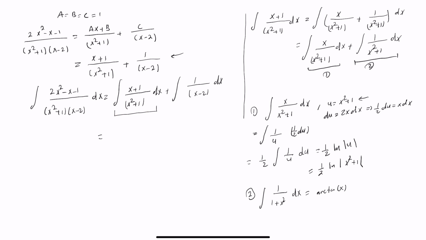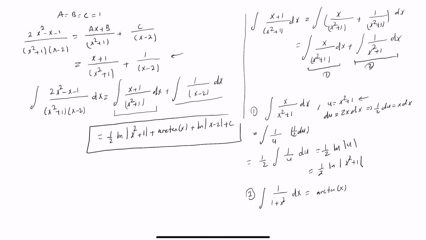So that's going to be equal to 1 over 2 natural log of x squared plus 1, then plus arctan of x, and then the antiderivative of this integral is going to be plus natural log of the absolute value of the denominator, which is x minus 2, and then plus the constant c. And that should be the antiderivative of the given integral.